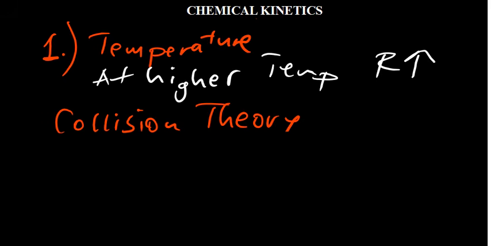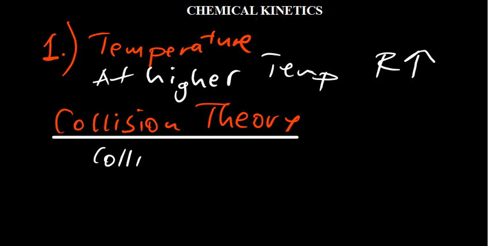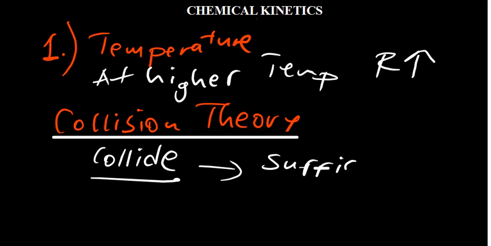So particles must collide for a chemical reaction to occur, and they must collide with sufficient energy. This energy is what we call activation energy, which we are going to talk about as we talk about the Arrhenius equation.